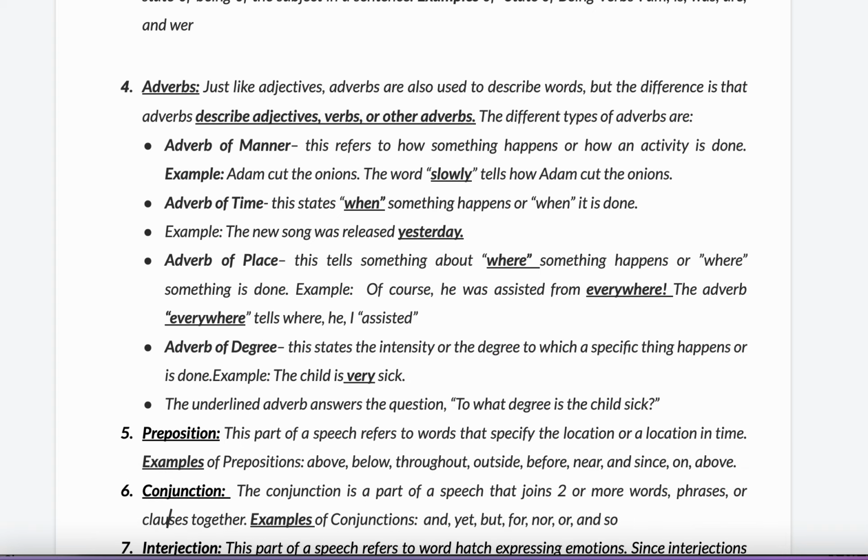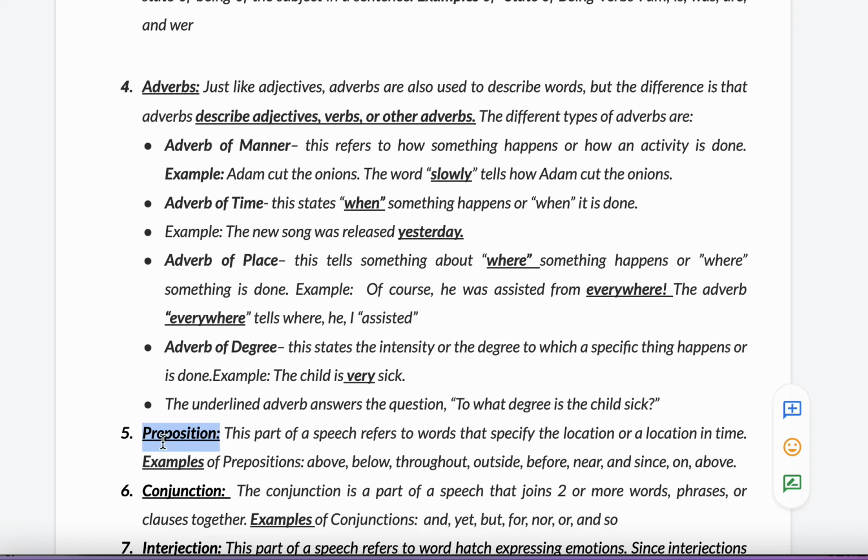The next one is preposition. The preposition part talks about location, or location and time. I would just add something: 22 years ago I was teaching, and I just made my own definition. If you see here, it's called preposition.